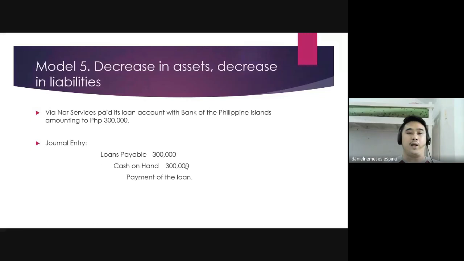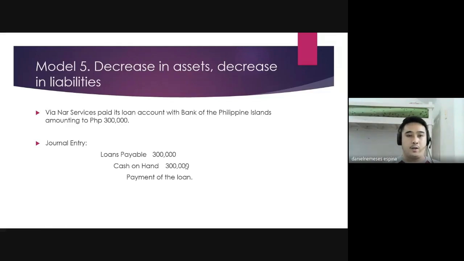Okay? So pag mo-gamay atong asset, dito sa side nga dili niya normal balance. So kung ang normal balance sa asset is debit, therefore mag-decrease na sa iyang credit. Same with liabilities. Ang normal balance sa liability is on the credit side. So pag mag-decrease ta og liability, atong i-debit ang liability.